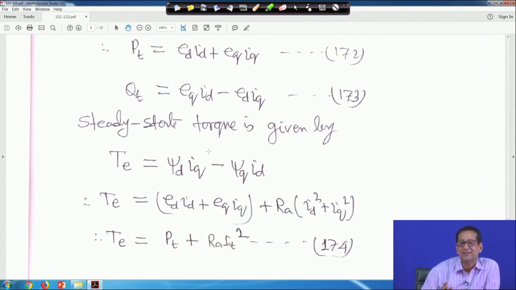Later we will see the stabilizer, the power system stabilizer and the lead lag stabilizer, and slowly eigenvalue analysis and participation factor, all these things we will examine. But after this we will go into a little bit of computational analysis, and then we will come to the swing equation. Thank you very much, we will be back.